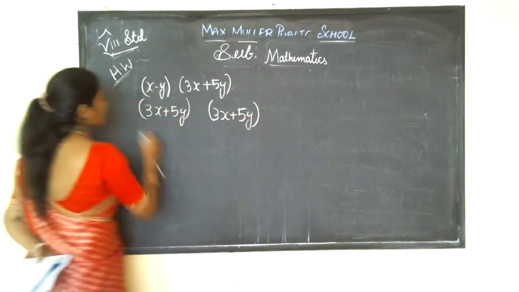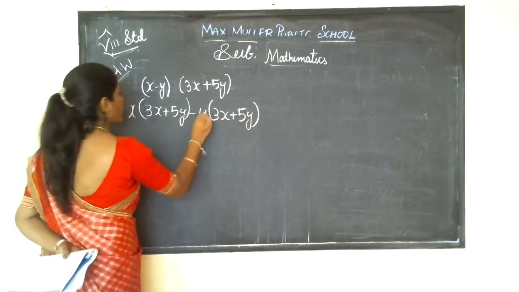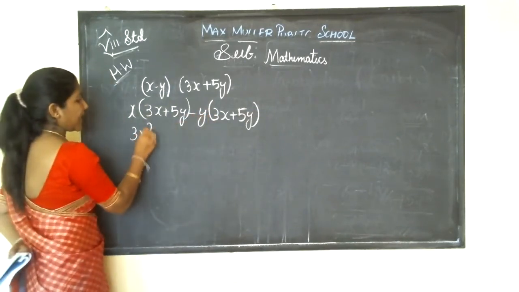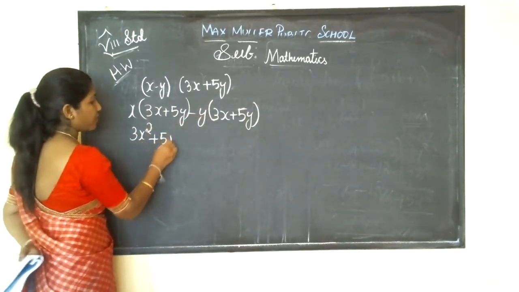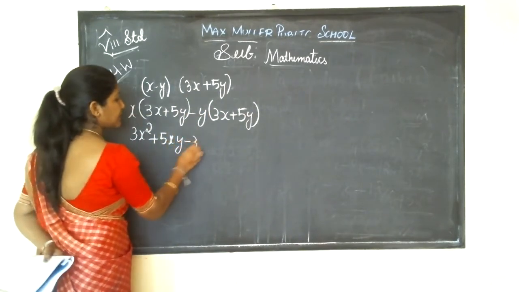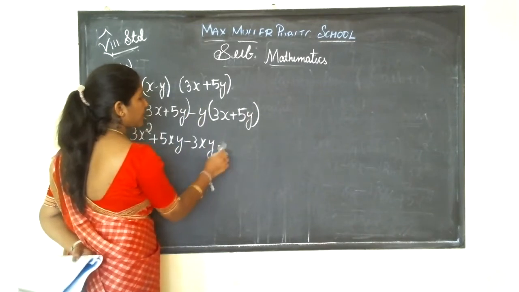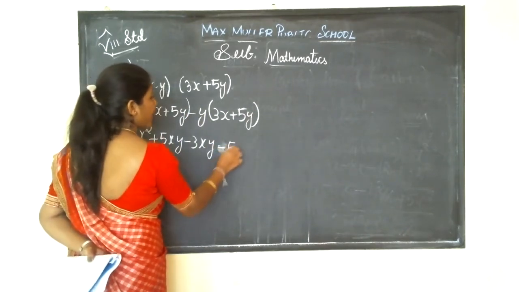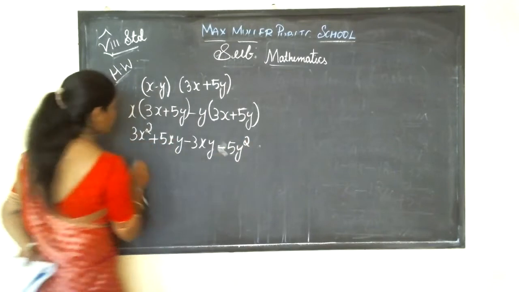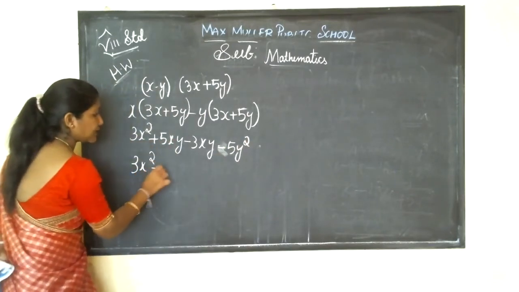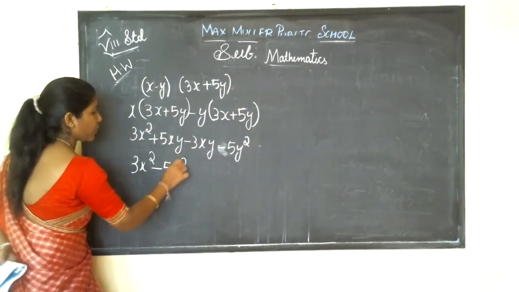Write down twice, x minus y. 3x square plus 5xy minus 3xy plus, sorry, minus into plus, it is minus 5y square.